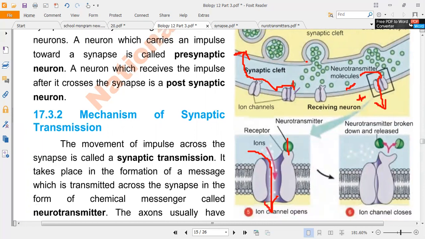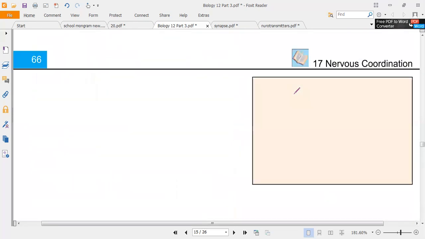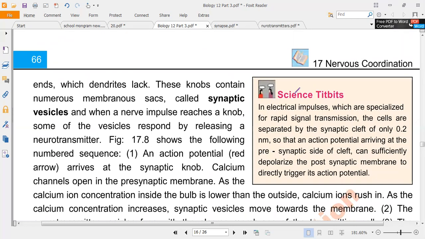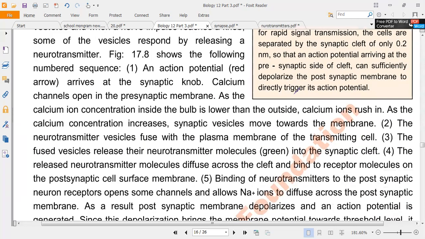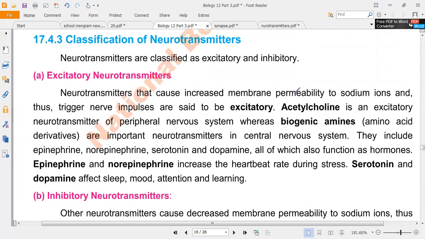With that, this excitatory post-synaptic potential is produced here, and that is up to the threshold level, which is reached in the next membrane, the post-synaptic membrane.